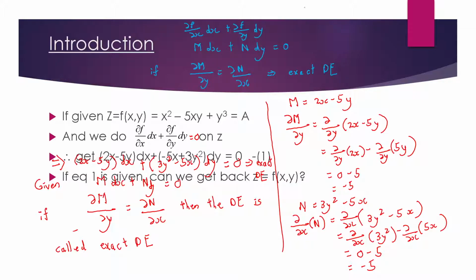That's why del f del x equal to M. Hence, to obtain the f, you can integrate M dx, from the first term you integrate with respect to x. And you know del f del y equal N. Hence, f also can be obtained by integrating N dy. Quickly, for an exact differential equation, the first term you integrate with respect to x, the second term you integrate with respect to y. Combine them, the solution will be f(x,y) equal to a.